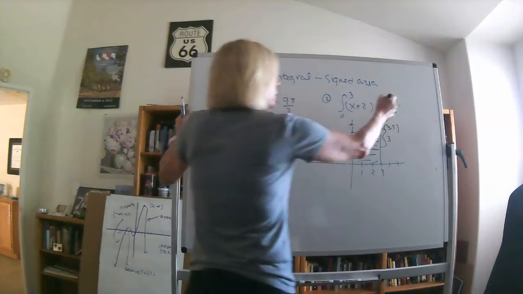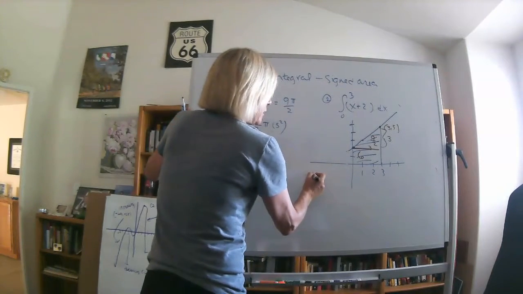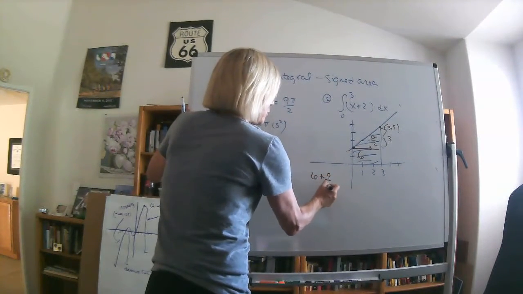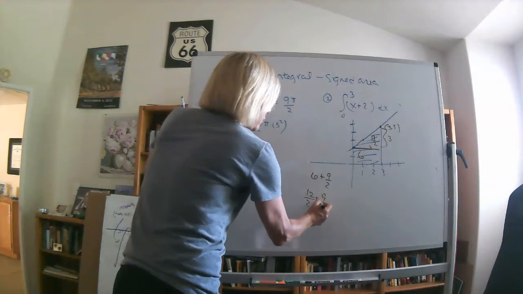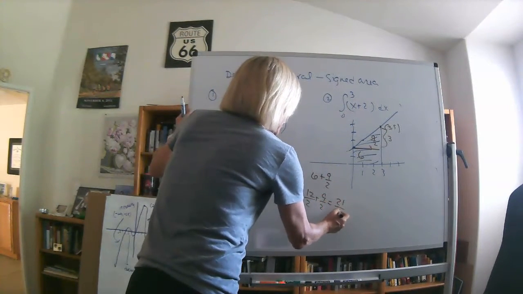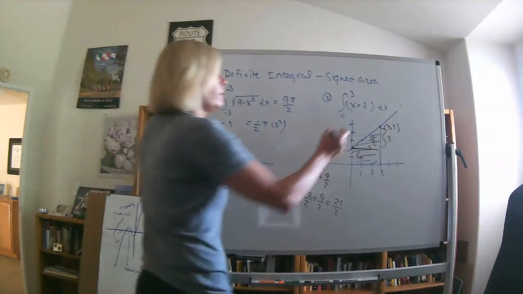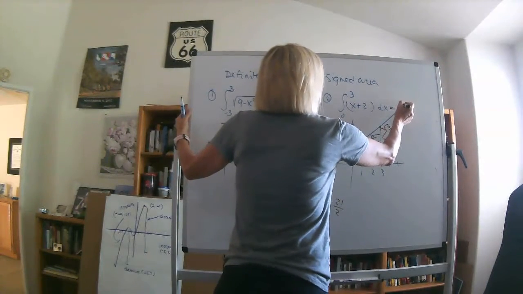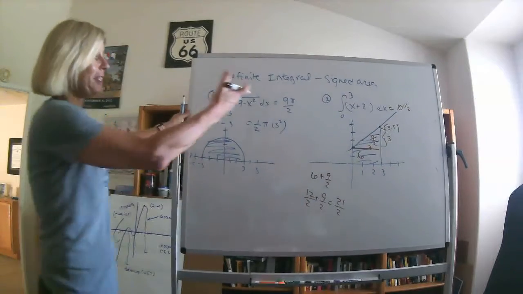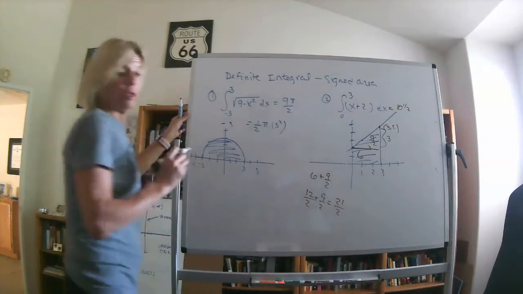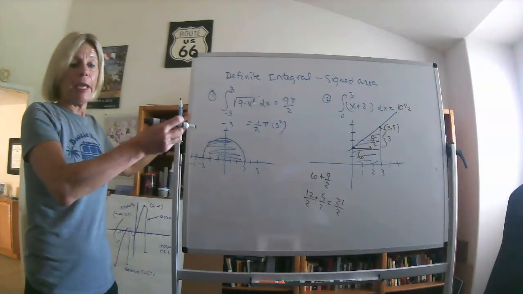So my area here is 6 plus 9 over 2. So I could say 12 over 2 plus 9 over 2, 21/2 or 10.5. This is an integral which we will learn to calculate analytically.